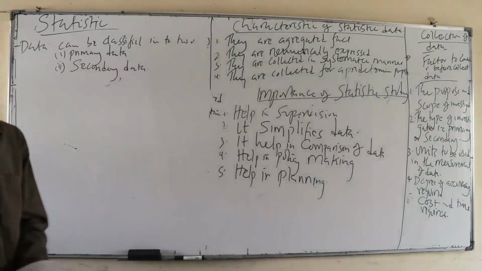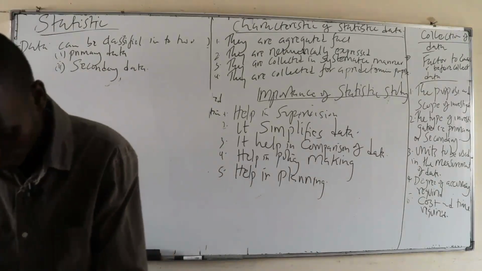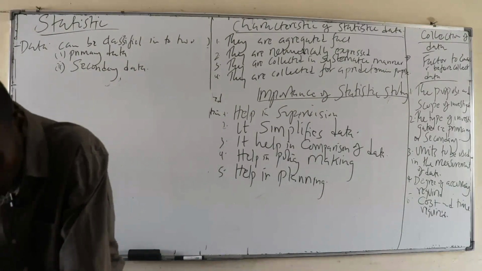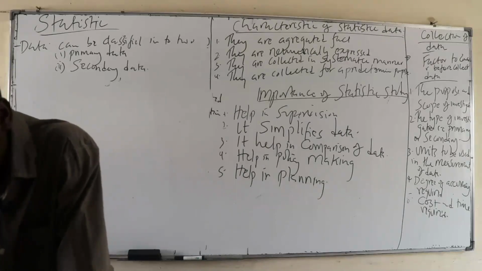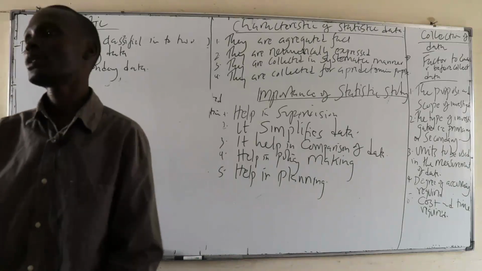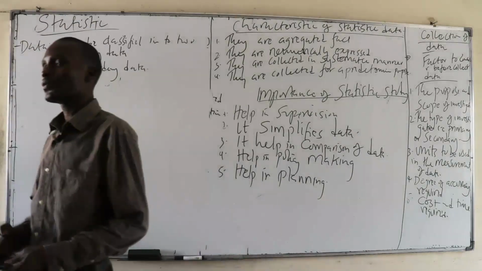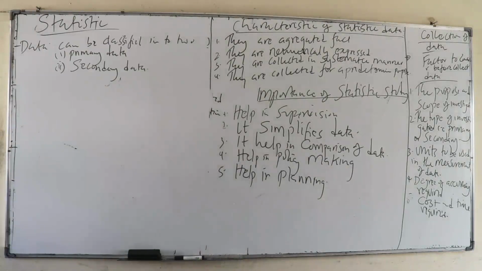Primary data, we say, is the data which is collected for the first time. It is original in nature.